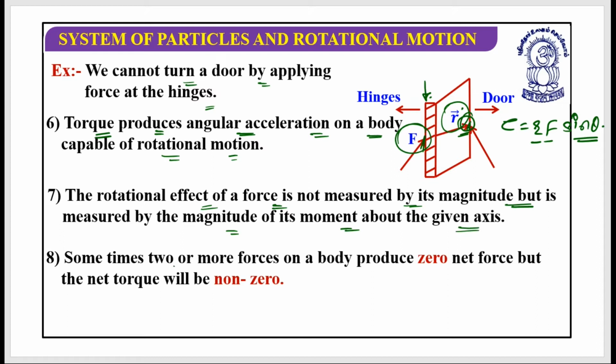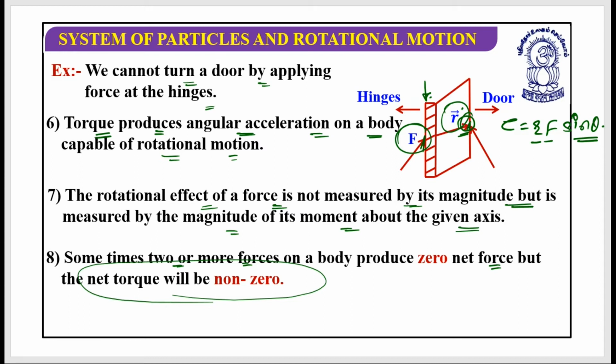When two or more forces act on a body, they can produce zero net force, but the net torque can be non-zero. That means the body will be capable of rotating. I hope this is clear.